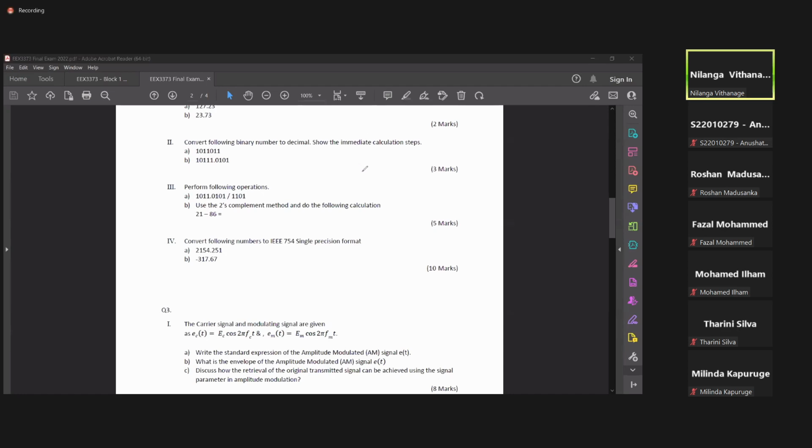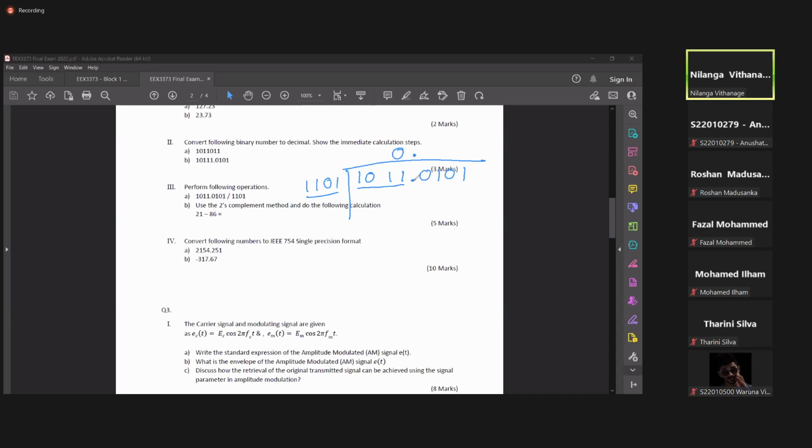Anyway, if we take 1011.0101 divided by 1101, can you see this part? This part is larger than this one, right? This is 1101 now, but this is 1011. So you cannot divide this by this value, so definitely you have to put 0.